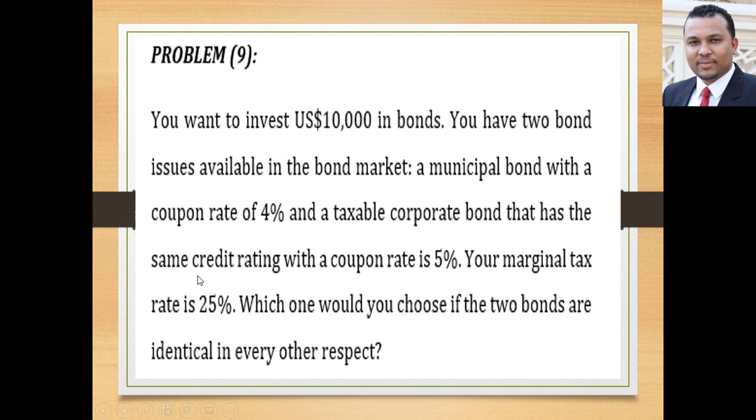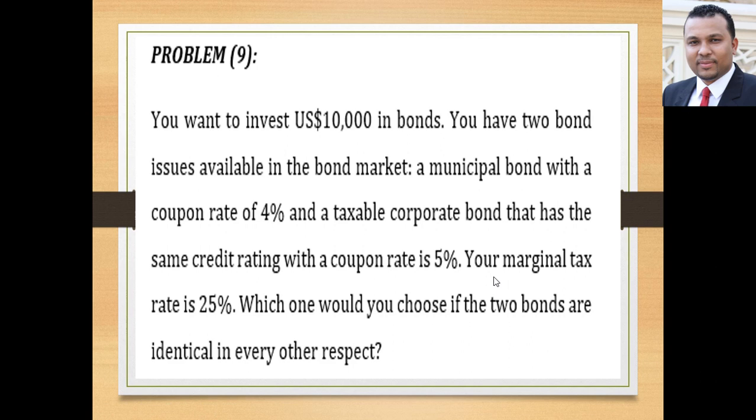This is very important: same credit rating equals the same risk. The coupon rate is 5%, the marginal tax rate is 25%, and which one would you choose if the two bonds are identical in all other factors?